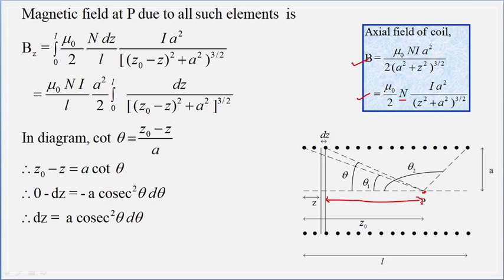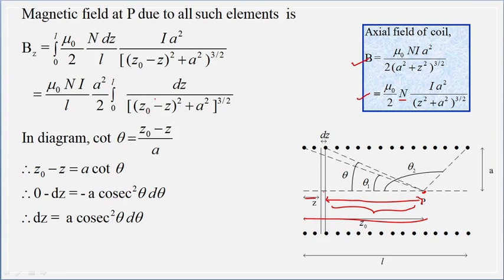In the actual formula, z is the distance of the point where you are finding the magnetic field on the axis from the center. So this point P is here and the center of that element is here. So this distance turns out to be z naught minus z, because this is distance z naught and this is distance z. So z naught minus z.